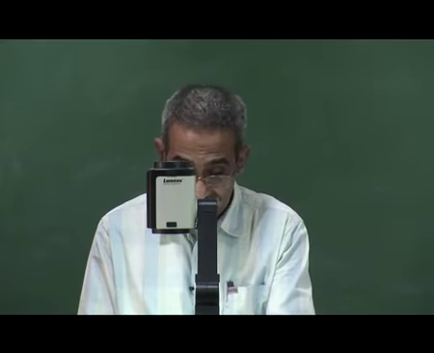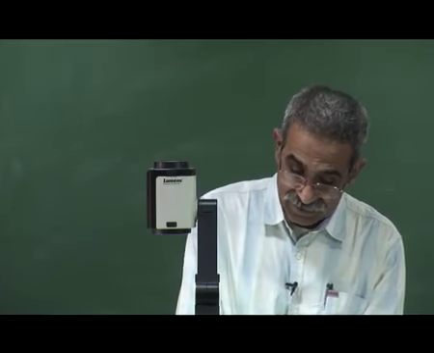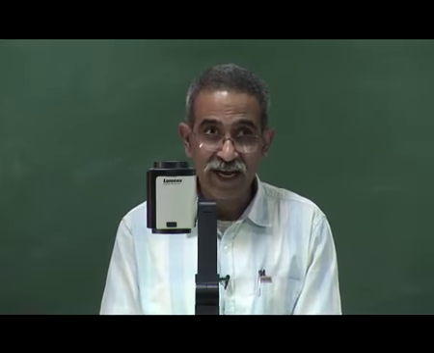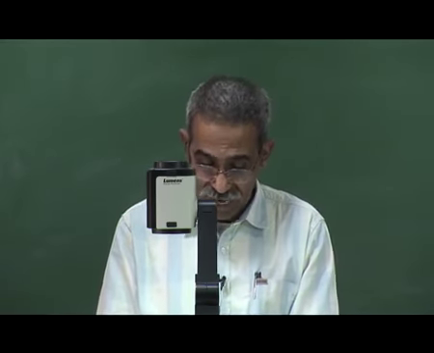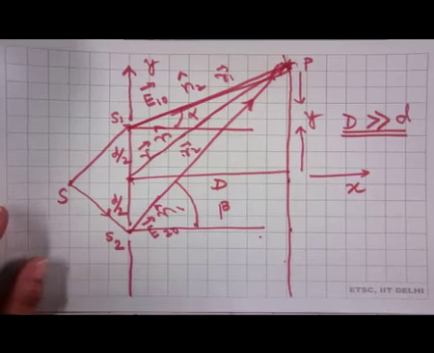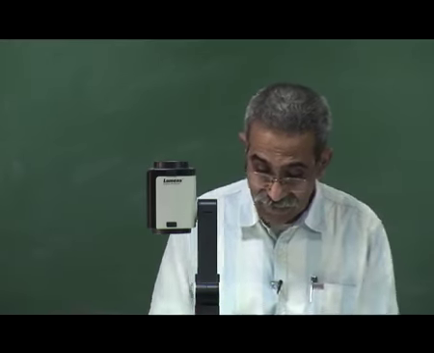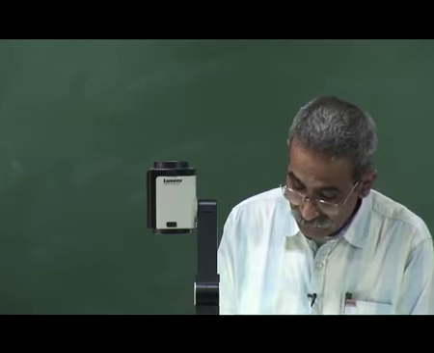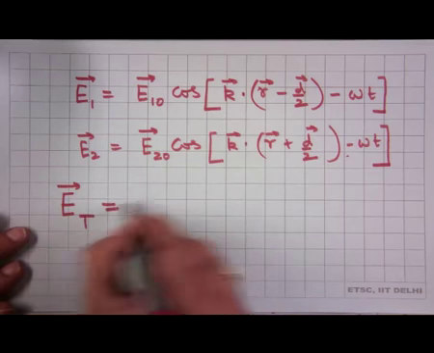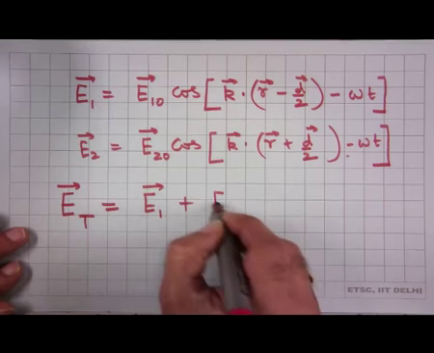I will come to that later. So at this point, I am mathematically keeping intact E1 naught and E2 naught, but you should appreciate that for our purpose, as far as this setup is concerned, E1 naught is parallel to E2 naught. There is no escaping that. So if we did that, my total electric field, my E_T, is nothing but the superposition of E1 plus E2.